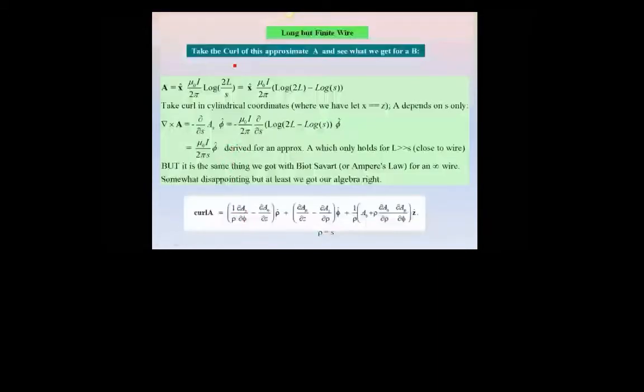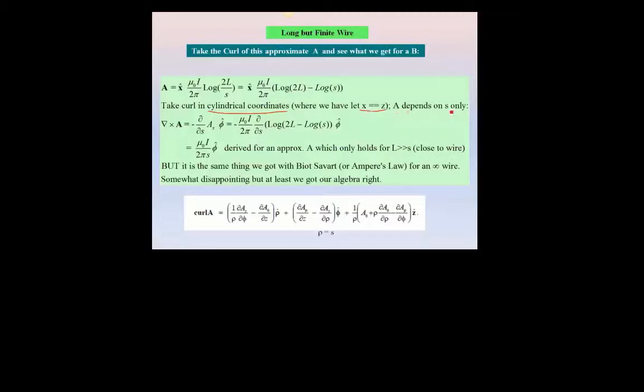So let's take the curl of this approximate A and see what we get. Here's the expression for the approximate A. We take the curl, and because of the symmetry of this problem, we're going to take the curl in cylindrical coordinates. I'm going to let x equal z, so this is the normal axis variable for the cylindrical coordinates, but just imagine that's x.